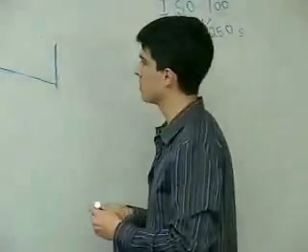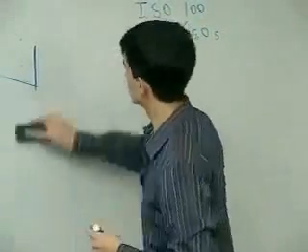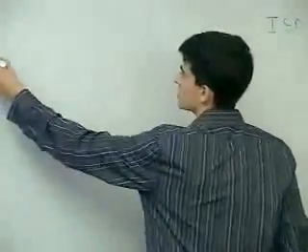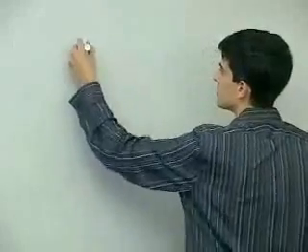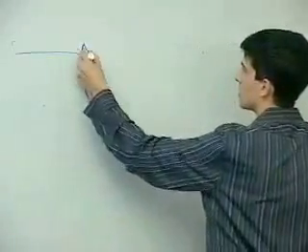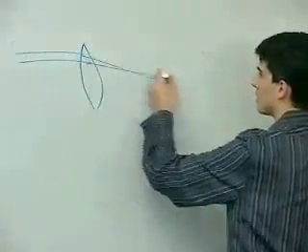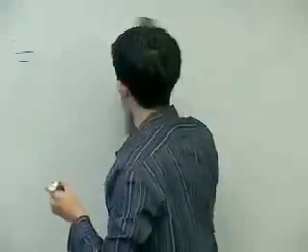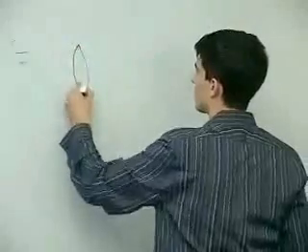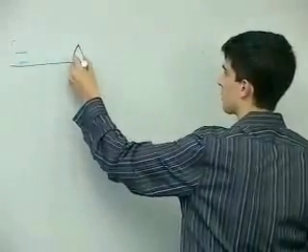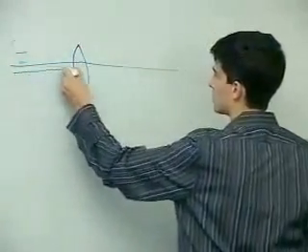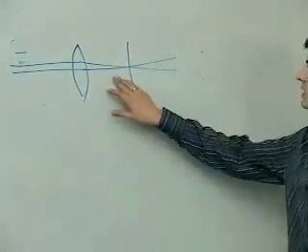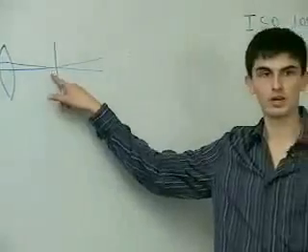But it's possible, let me draw it in the center instead. So let's say we have light coming into our lens here. Let me do this differently still. So if we have two rays of light coming in, they form a point on the film plane.